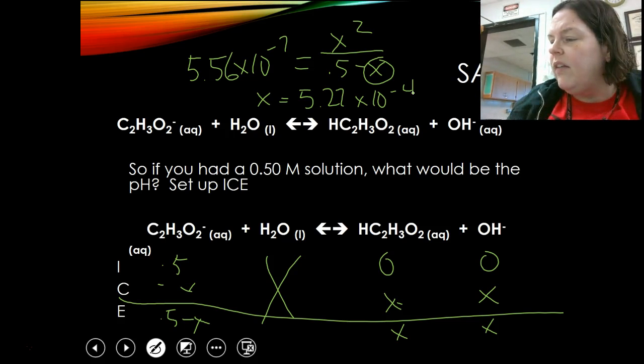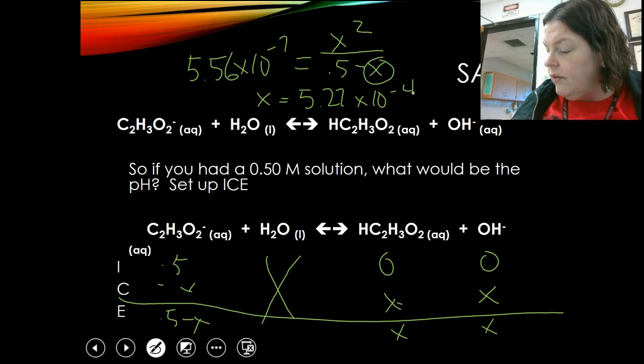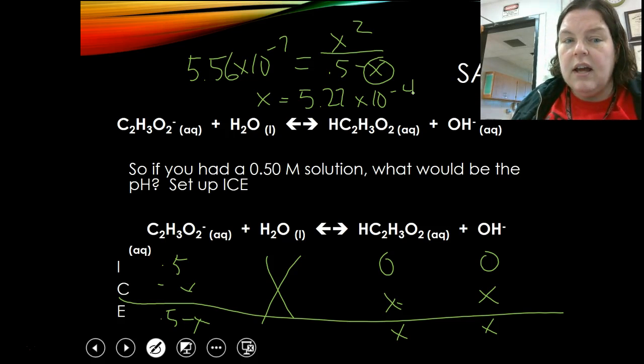So then we plug that in, and we take the negative log of that number, 5.27 E negative 4, and we get 3.27 as our pOH.